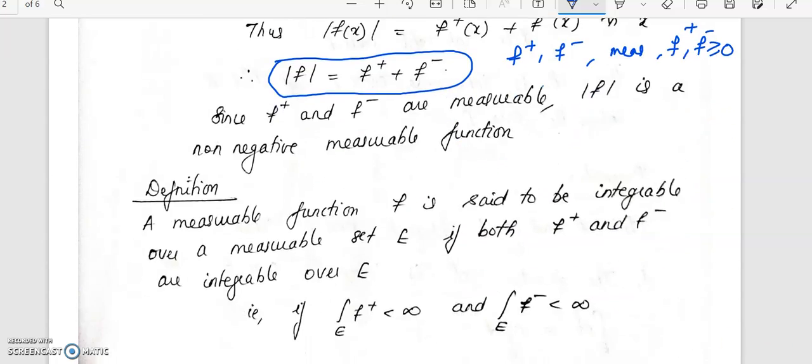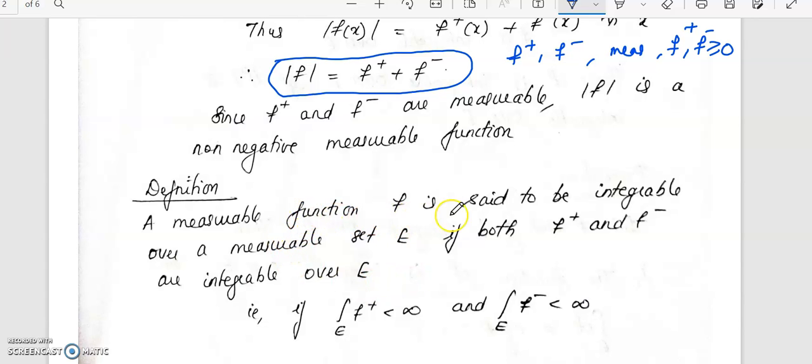And now let us define when do we say that a measurable function is integrable over a set E. അപ്പോൾ നമ്മൾ നേരത്തെ എടുത്തത് first നമ്മൾ bounded measurable function കണ്ടു, then non-negative measurable function. Now we are taking any measurable function f. So we'll define the integrability using f plus and f minus.